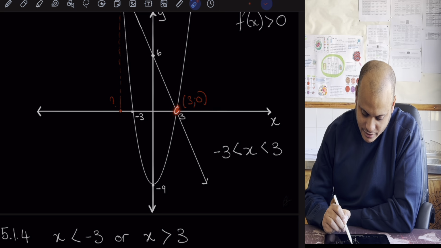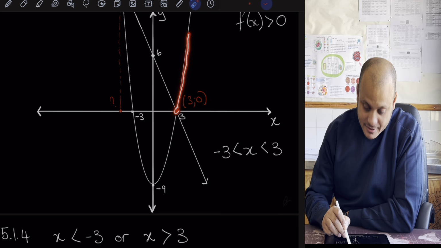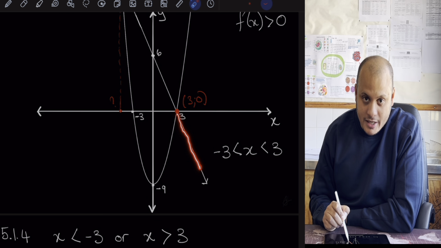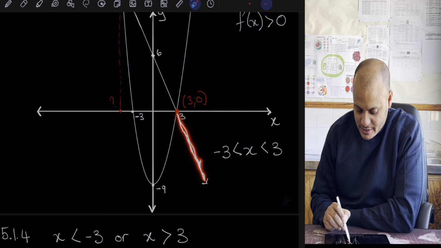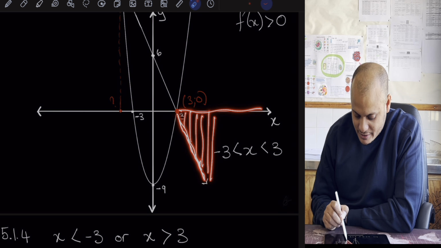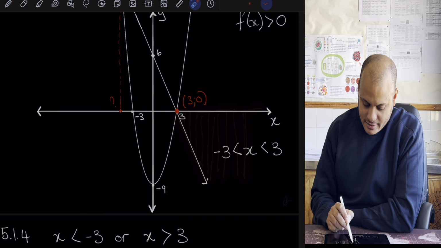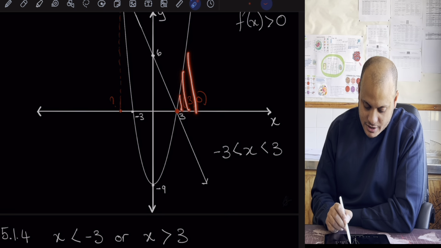So from 3 onwards, my parabola has positive y values. But from 3 onwards also, my straight line is now below the x-axis. So the y values for my straight line from 3 are negative, and for my parabola they are positive.